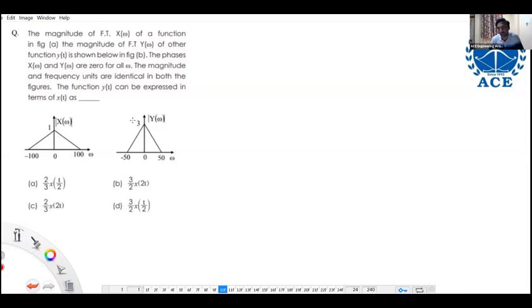Expansion. Compression in frequency is expansion in time. Expansion means scaling factor less than 1 or greater than 1? Less than 1. So the choice is between A and D, indirectly applying the time scaling property of the Fourier transform.